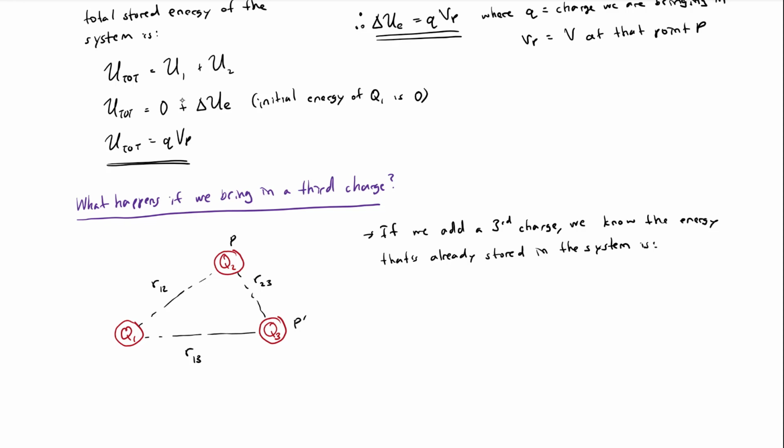And we know that it's going to be K Q1 Q2 over R12. The reason why it's K Q1 Q2 is because, remember, we have UE equals Q, which is the charge we bring in, times VP, and we define VP as K Q1 over R12. So we brought in a Q2, and therefore we have K Q1 Q2 over R12 for our existing energy.